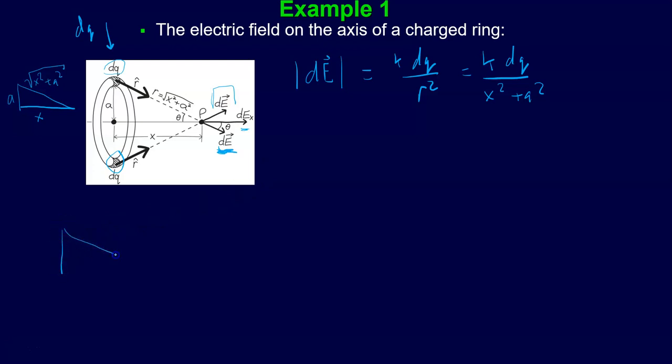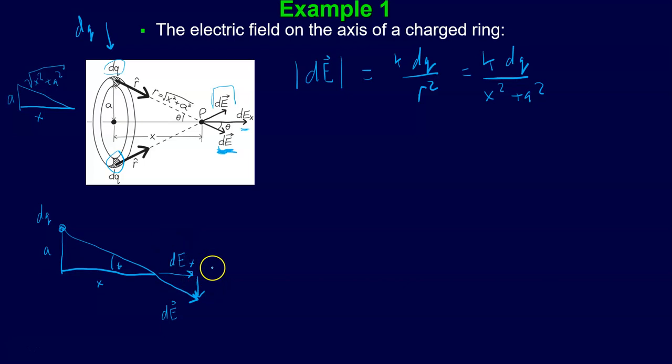If I draw this picture a little bigger so we can see it, here's my angle theta, here's the x, here's the a, there's my hypotenuse. If this is my dq point charge, then this is my dE, and it has an x and a y component. I'm not even going to worry about the y component, because why worry about something you know is going to cancel?